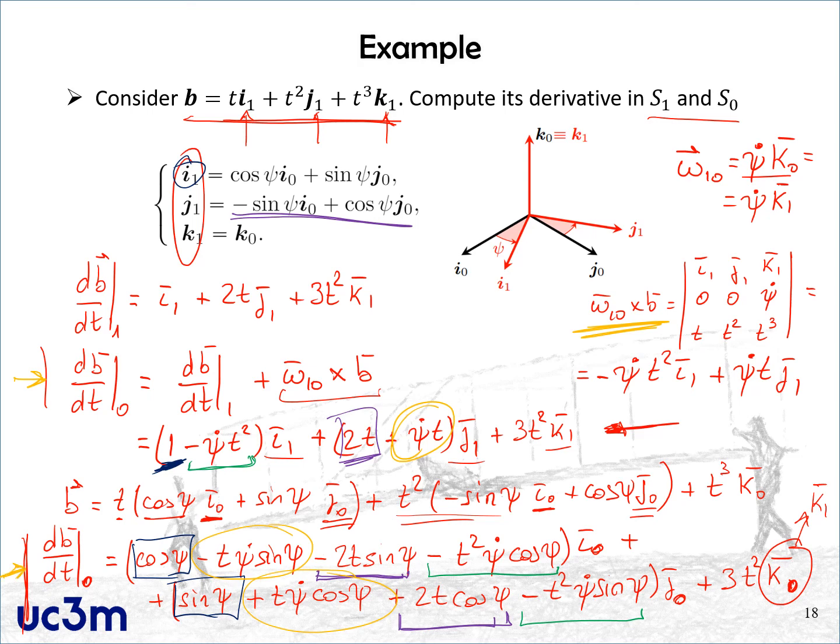You avoid the cross product, but that is perhaps more cumbersome because the result will be in basis 0. If that's what you want, that's fine. But quite often you want the result in basis 1, so then you would need to convert back to basis 1. The important point is that the two methods yield the same result, of course.